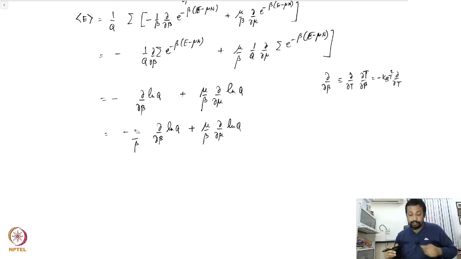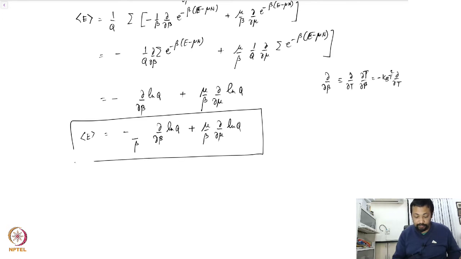And the answer in its simplest form is that the average energy is going to be minus del beta ln q plus mu over beta del mu ln q.